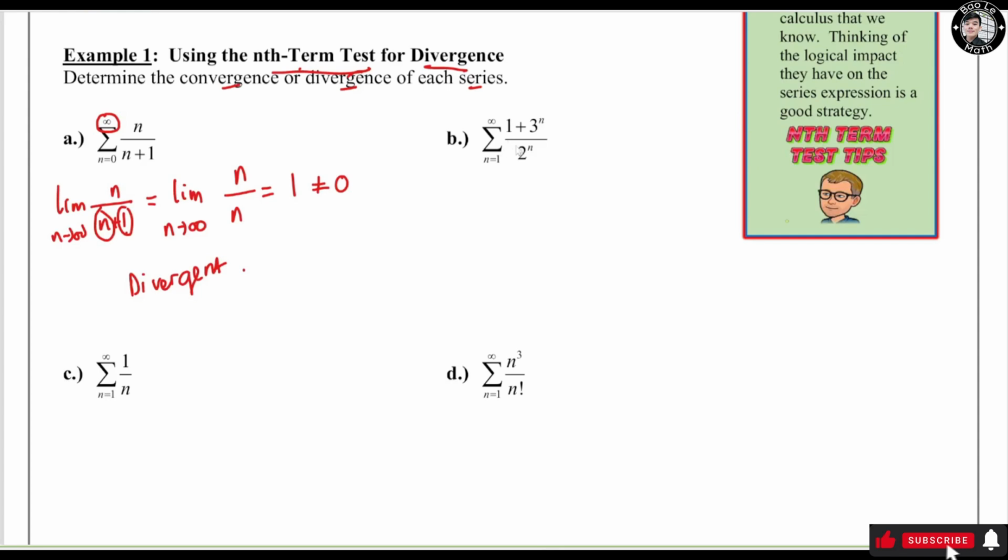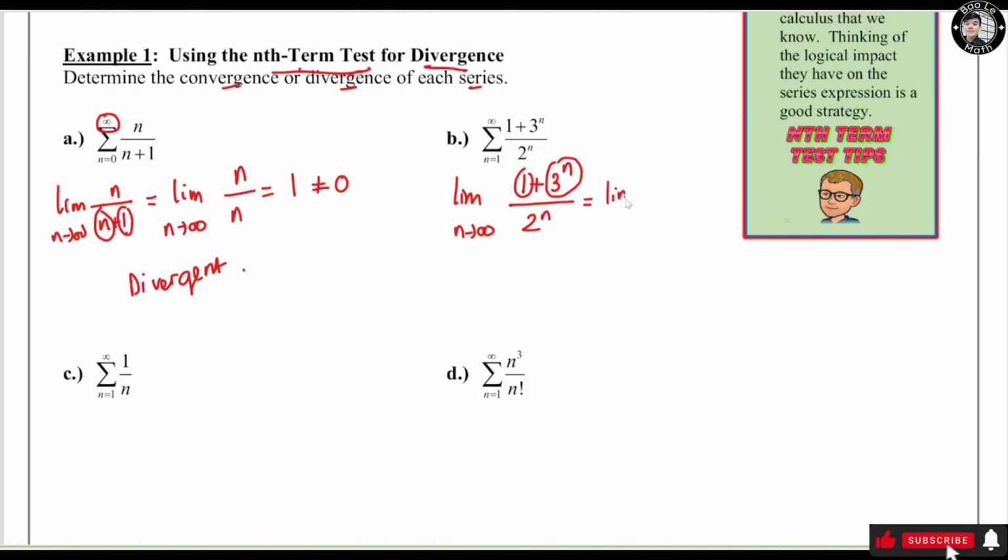Now question B. We have the limit of 1 plus 3 to the n over 2 to the n when n approaches infinity. This term grows faster than this one, right? So we just ignore 1.